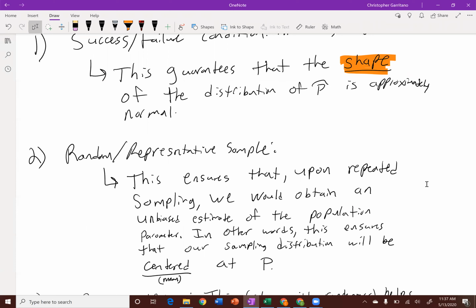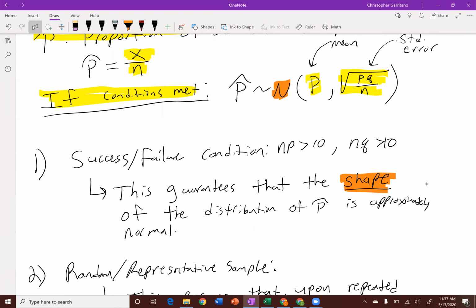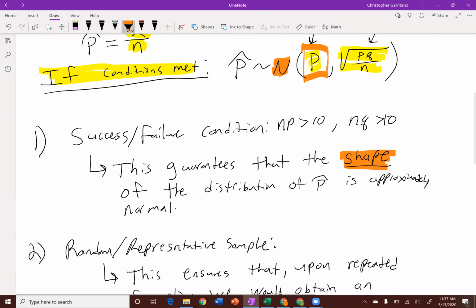In other words, this ensures that our sampling distribution will be centered at p. When I say center here, I'm referring specifically to the mean of the distribution. So the random/representative sample condition guarantees us our center.